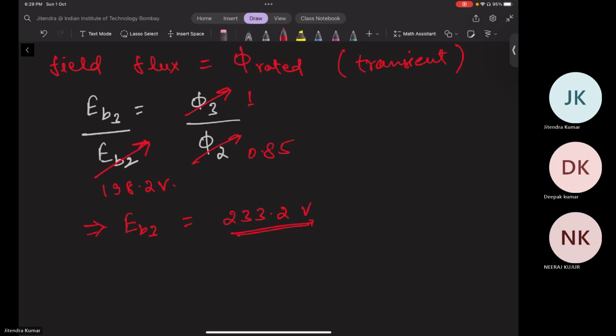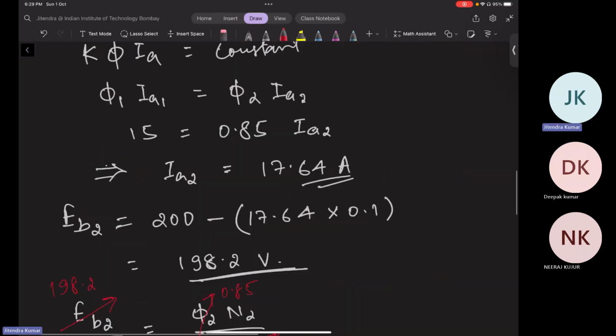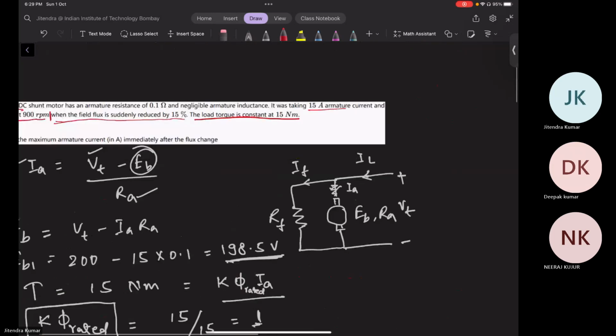Now, because of this back EMF, what will happen to the armature current? It is EB3 minus VT by RA, right? The direction of current will change.